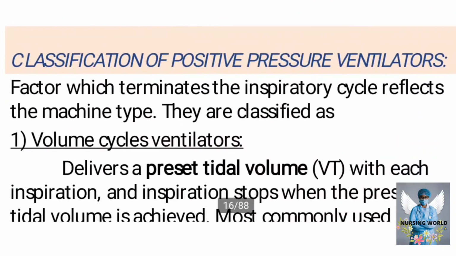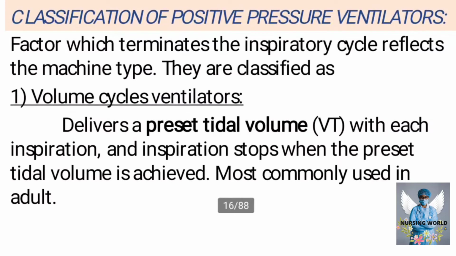Through this they will be getting the positive pressure. Positive pressure ventilators are what is in use at present, because the negative pressure cylinder kind of ventilator has been eradicated. They are not using it in the present scenario. Factors which terminate the inspiratory cycle reflect the machine type.